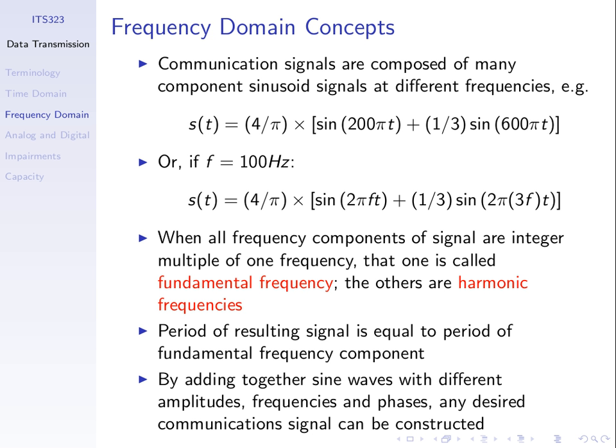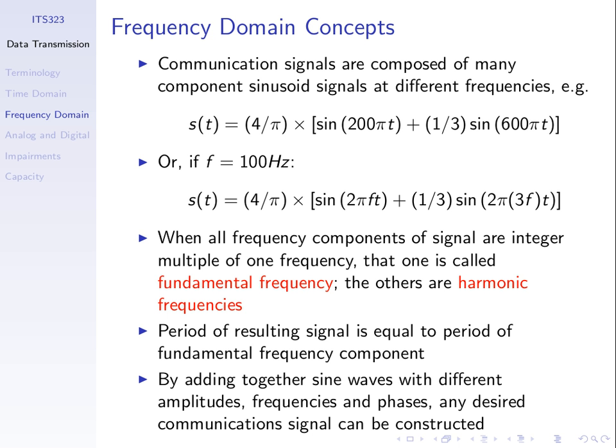If we have a signal containing S1 plus S2, then we'd say the resulting signal has a fundamental frequency of 100 Hertz, because one of the components is 100, the other component is 3 times 100. The other components are harmonic frequencies. So in our case, the fundamental frequency of the top signal on this slide is 100 Hertz. The harmonic frequency, and the only one, is 300 Hertz. Just some definitions or terminology we have here.